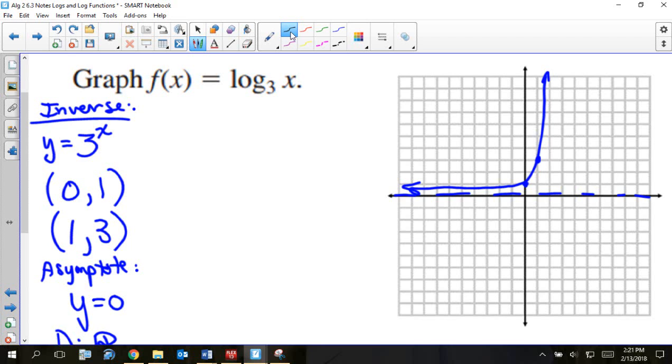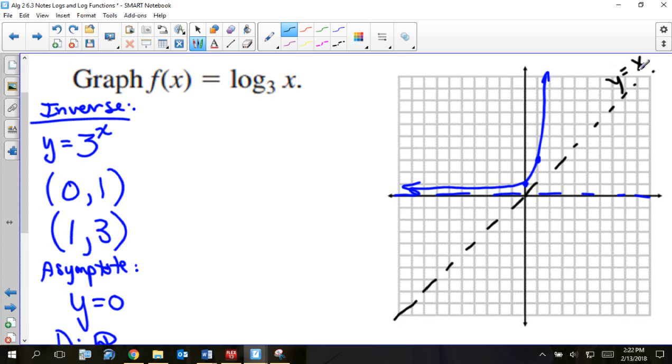All inverse functions, every single time you graph them, what do they have in common? When you graph a function and its inverse, what do we know about them? It reflects over the y equals x line.